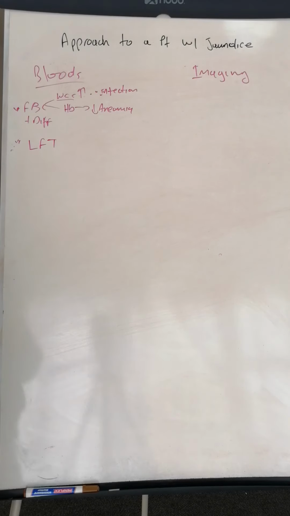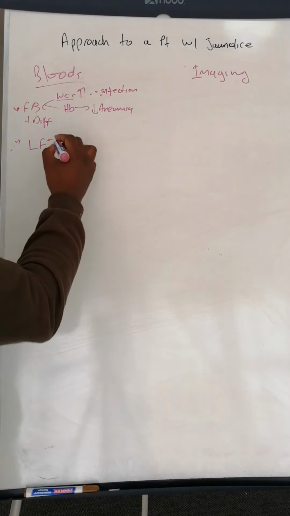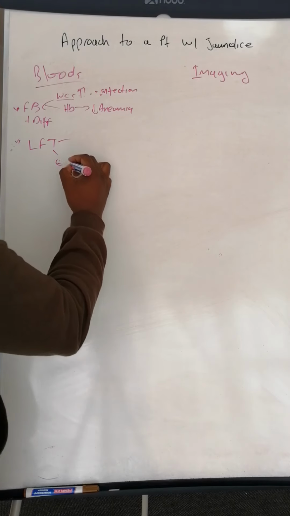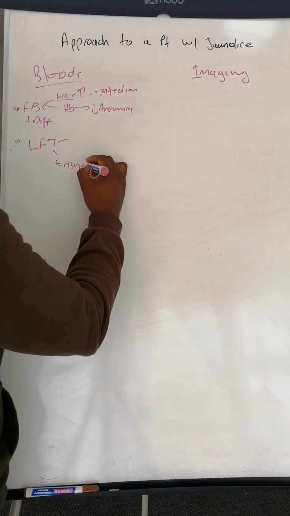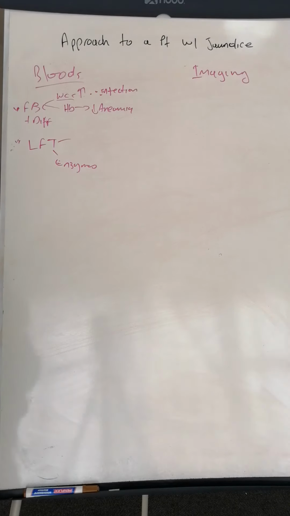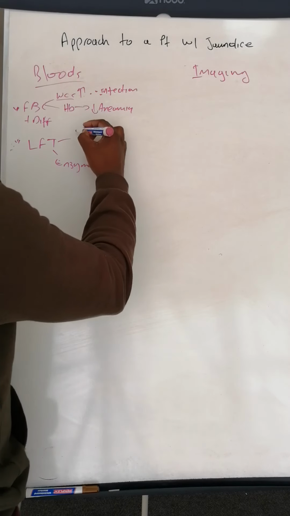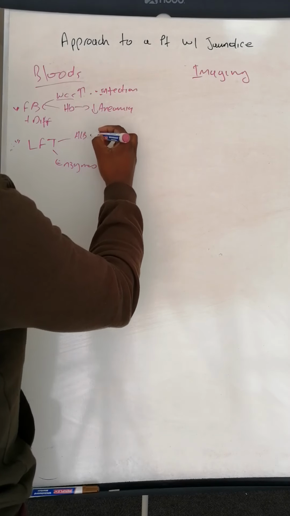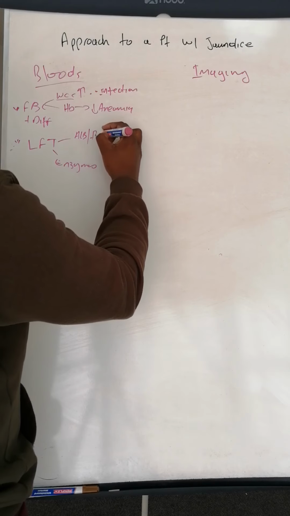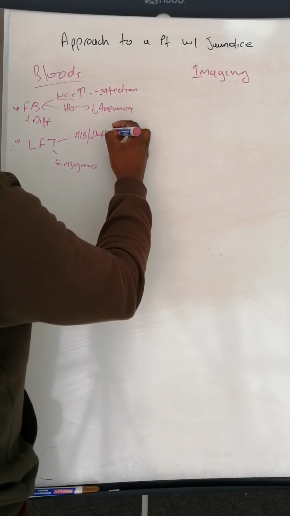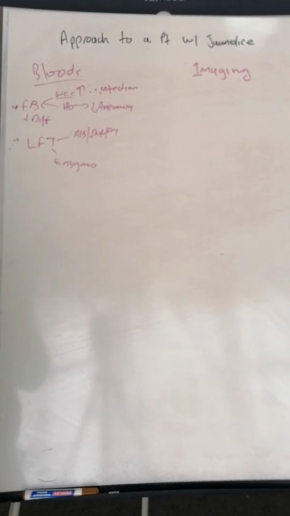Okay, that's the FBC. Obviously, we will do the LFT as well. When you do an LFT, remember, the enzymes of the liver, like AST and ALT, don't tell us about the synthetic function of the liver. When you want to check the synthetic function of the liver, you need to do albumin, INR, and PT.